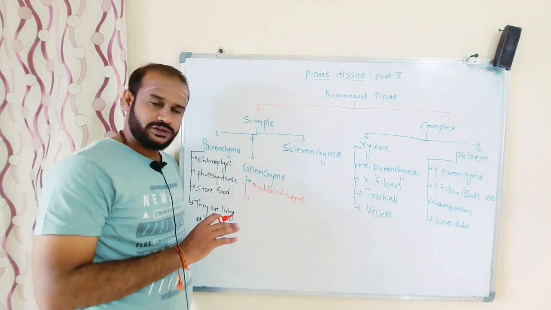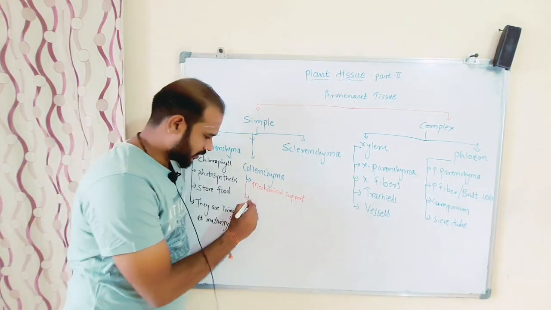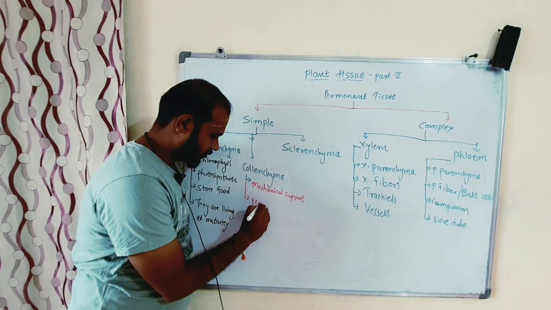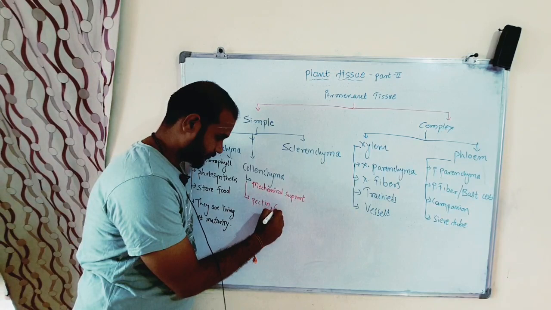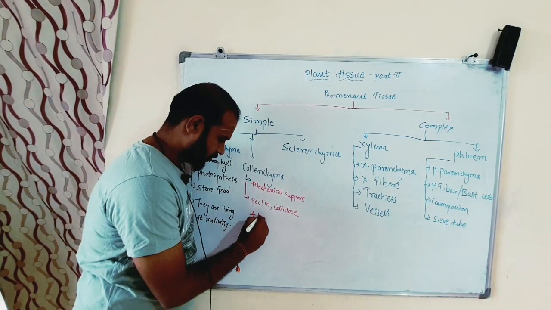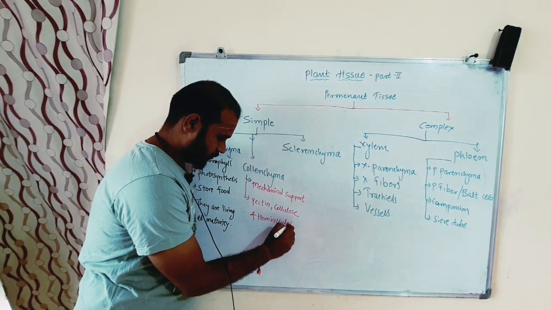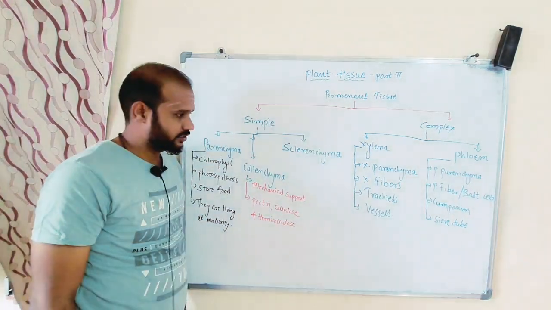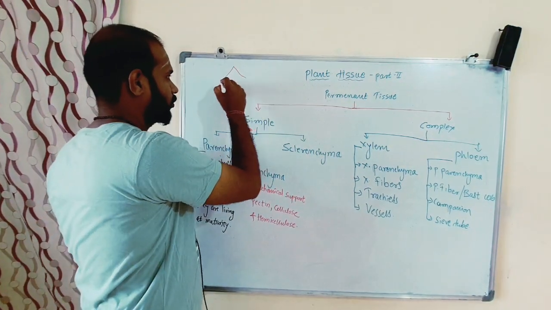And there is deposition of different molecules inside the collenchyma cell, like pectin, then cellulose and hemicellulose. These are the molecules which are deposited inside the cell wall. How are they deposited? Not all over the cell wall.